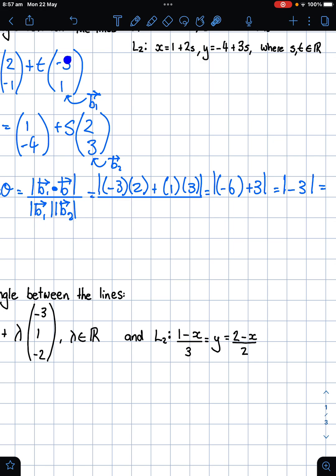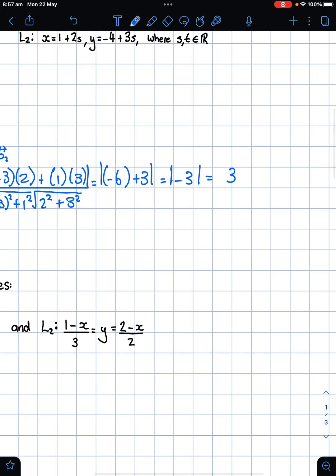B1, so we're going to do 3 squared plus 1 squared. So we're finding the modulus of the direction vector, and then that will be multiplied by 2 squared plus 3 squared from the other direction vector. So this is going to be 9 plus 1, so root 10, and 4 plus 9 is 13, so root 13, over square root 130.